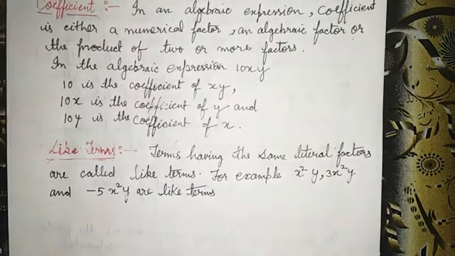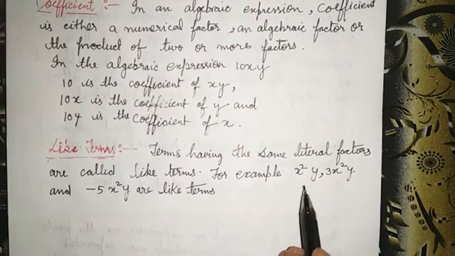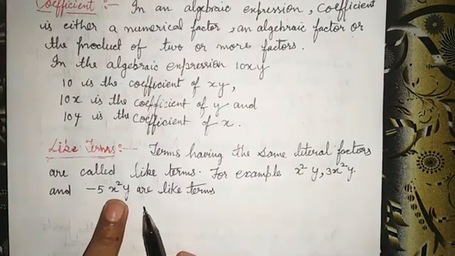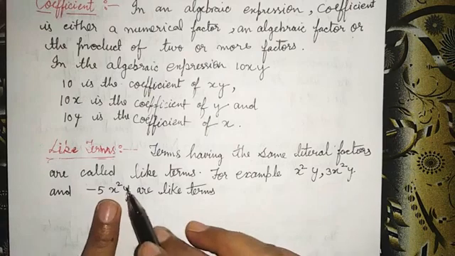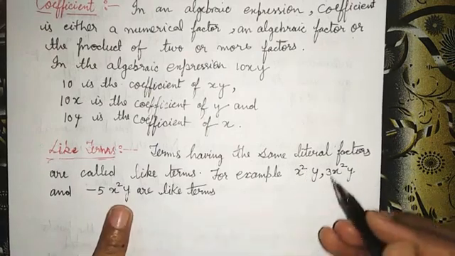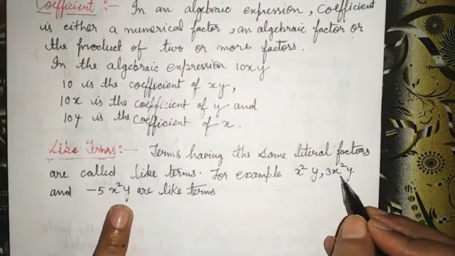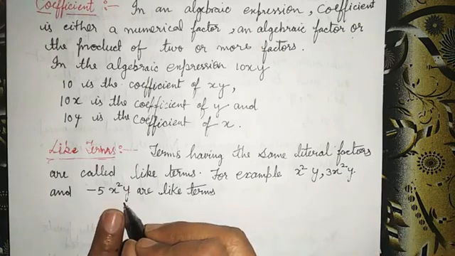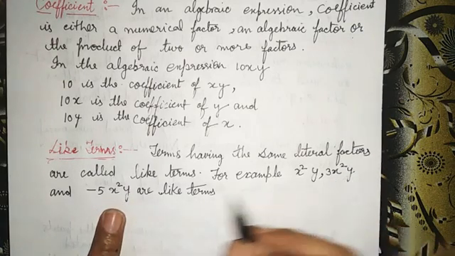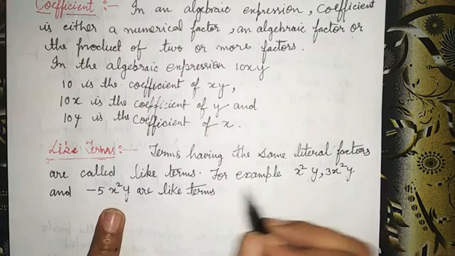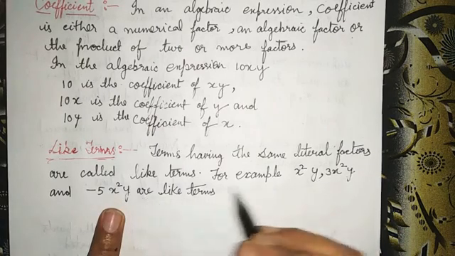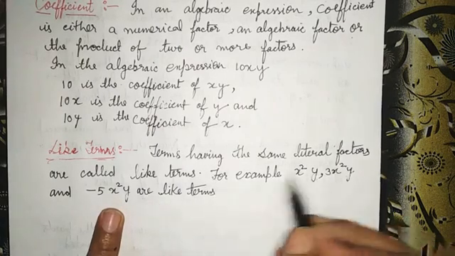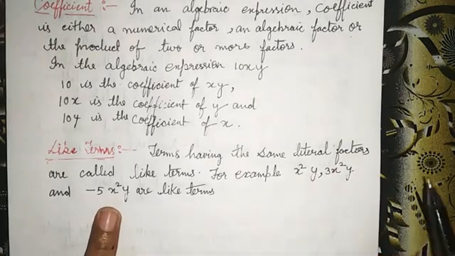In these three terms you can see literal factors are same: x square y, x square y, x square y. So you can say that these terms are like.